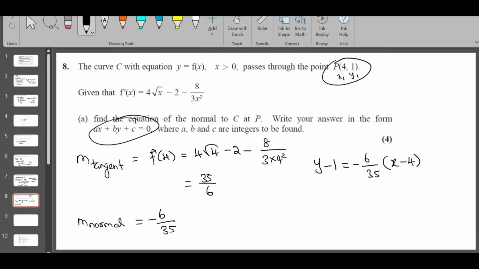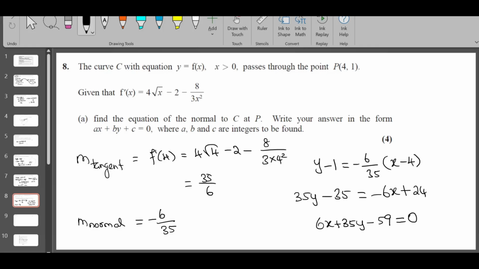They want the equation in this format without fractions, ABC are integers, so multiply throughout by 35. 35y minus 35 is minus 6x plus 6 4s are 24. Move everything to this side. 6x plus 35y minus 59 is equal to 0. That's all. That's the equation of the normal.